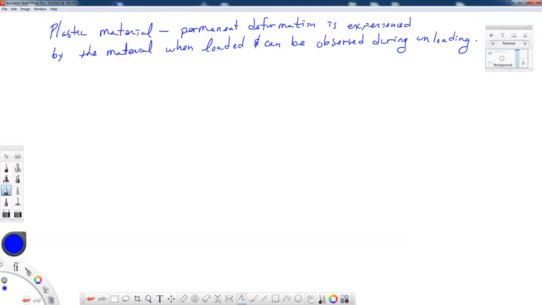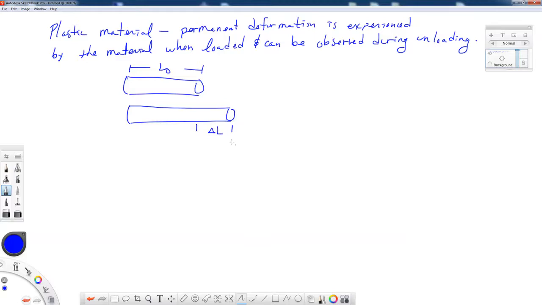Alright, so now we can talk about a plastic material, and in this case we do have permanent deformation that is experienced by the material when it's loaded, and it's typically observed when we go through our unloading cycle. So again, if we start with our bar of a certain initial length, we put enough stress and enough force on it, we stretch it out.